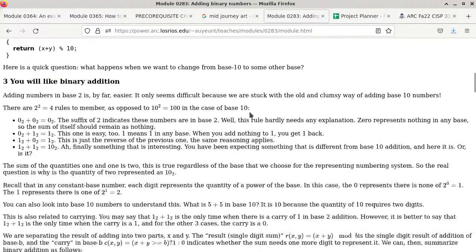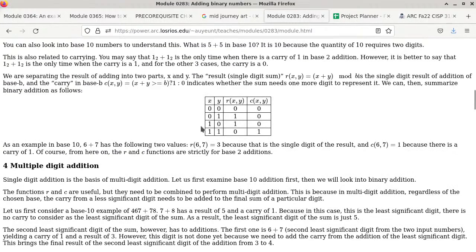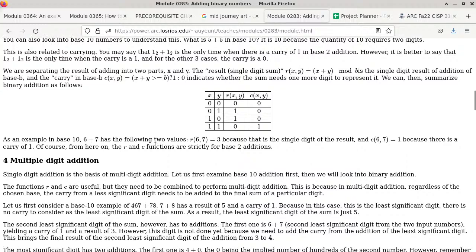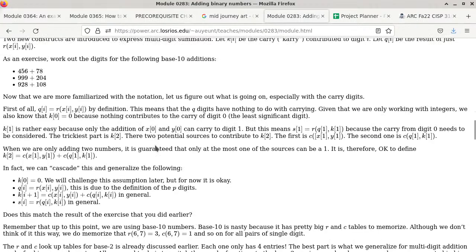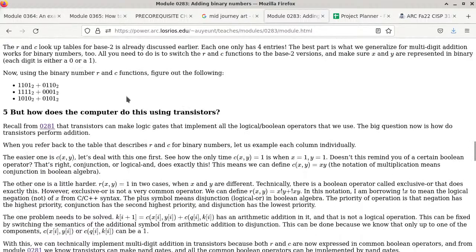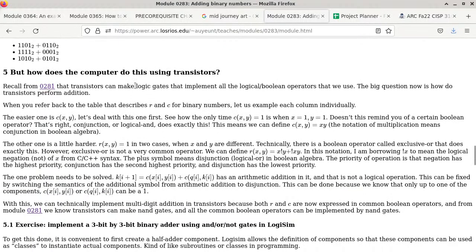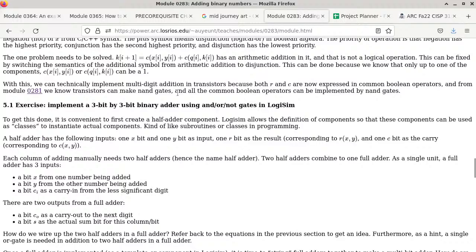Okay, so by this time we are done with all of this stuff here and multi-digit addition, which started with base 10 examples. Now we are done with this also. How does a computer do this using transistors? So now we're going to get to this part here: implement a 3 by 3 bit binary adder using AND or NOT gates in Logisim.